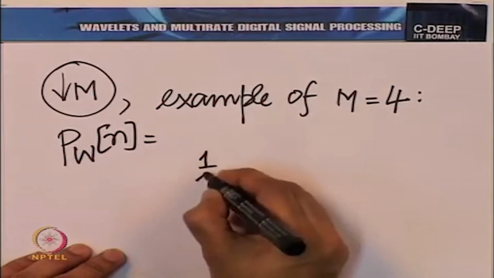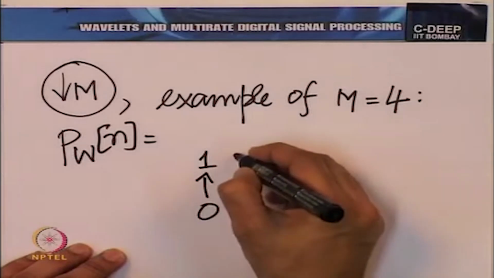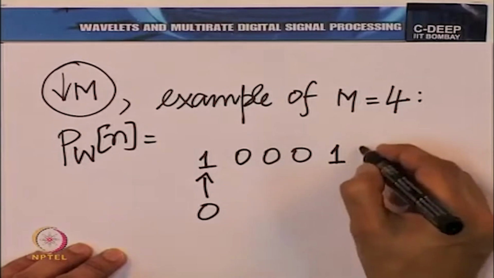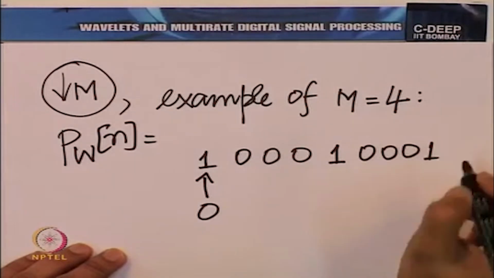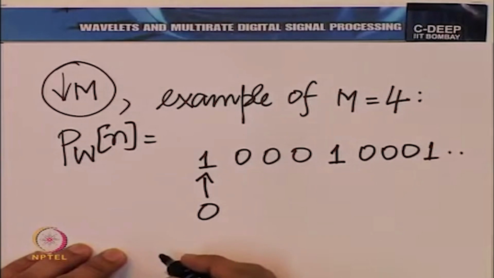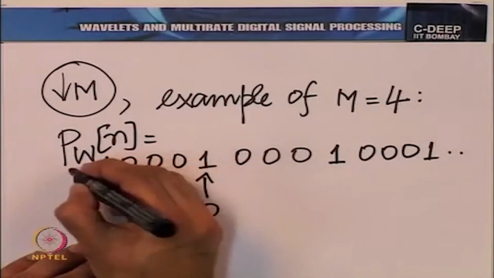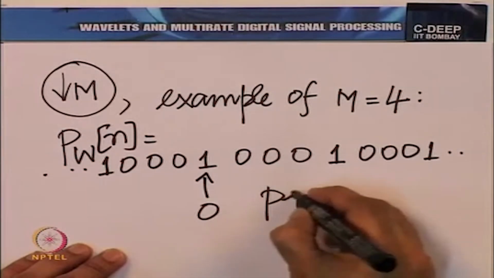1 located at 0, then 3 zeros, 1 located at 4, then 3 zeros again, 1 located at 8 and so on this side, and of course, 3 zeros and then a 1 and so on this side, periodically continued.